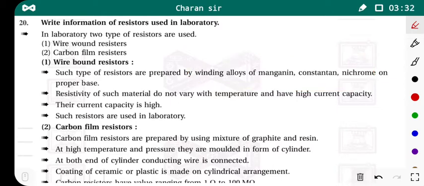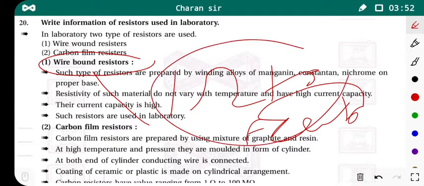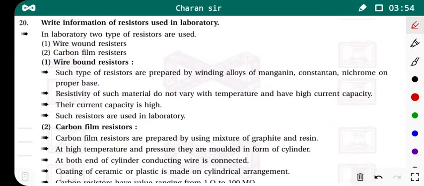But these wire wound resistors have a resistance in a very small range, from 1 ohm to a few ohms. When we need a higher value of resistance, these resistors cannot be used.